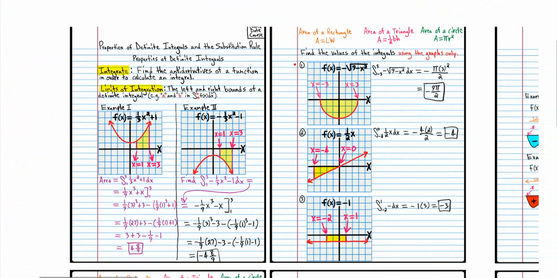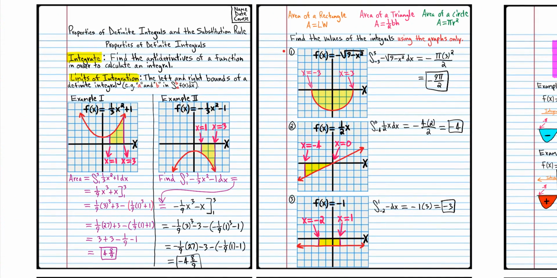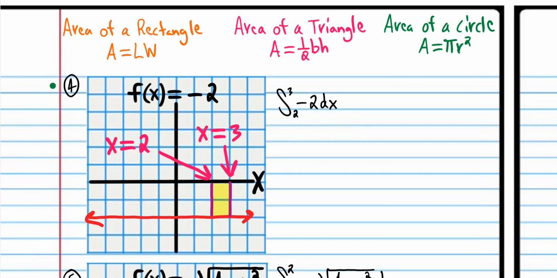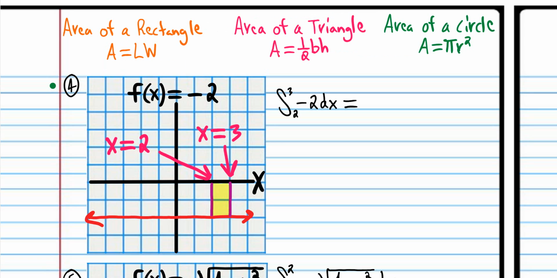So I want you to take a picture of this information, and I want you to try number 4. So again, do not use the fundamental theorem of calculus. You could use it, but that's not the point of these problems. You can just use these formulas up here because we have just basic geometric shapes.